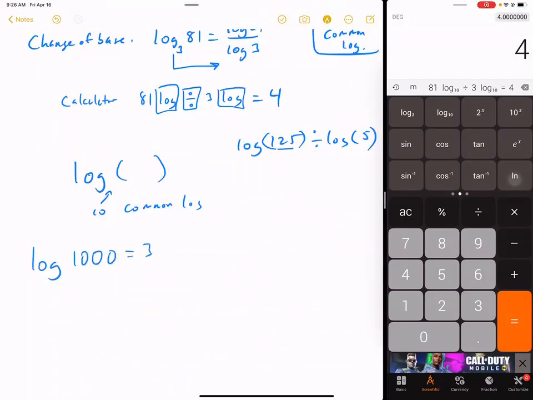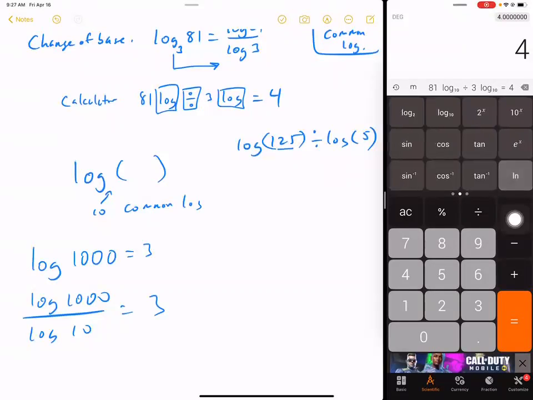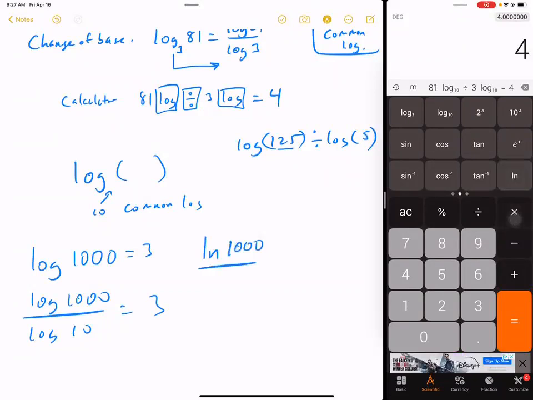You tried log of 1000 divided by log of 10. You said that was 3. Now I want you guys to try the other logs that you have. Look at the button, try to find the button ln here, okay? Natural log. Try this: ln of 1000 divided by ln of 10. Do you still get 3?